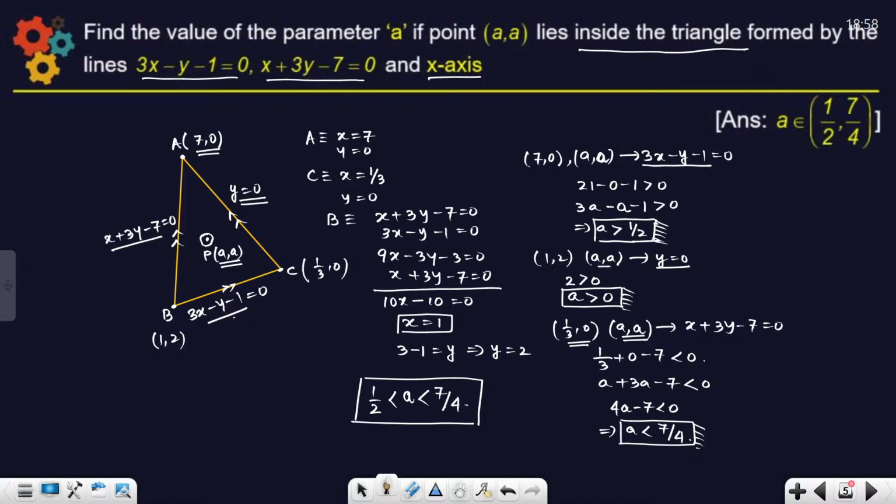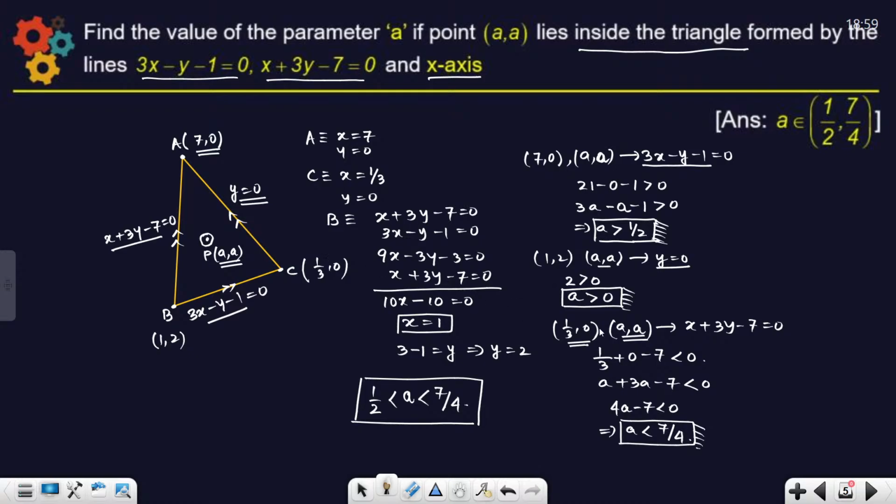We will use the condition. Point P and B are lying on the same side of the line AC. We will use the condition. And again, point P and point C are lying on the same side of AB. So we will apply the same condition over there. And by taking the intersection of these 3 conditions, we are going to have our final result such that the point P will be inside the triangle. I hope it is clear to all of you.